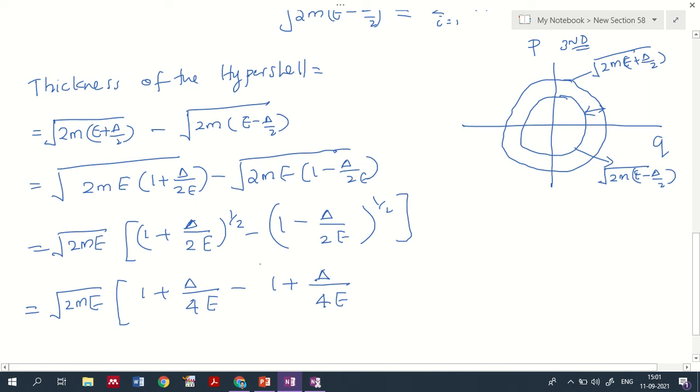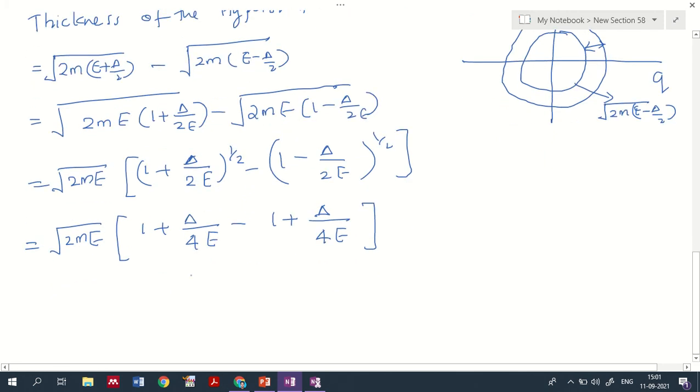This is a simple expansion of that. So that is equal to root 2mE into delta by 2E, where the 1 and 1 get cancelled, and this 2 will get cancelled here.